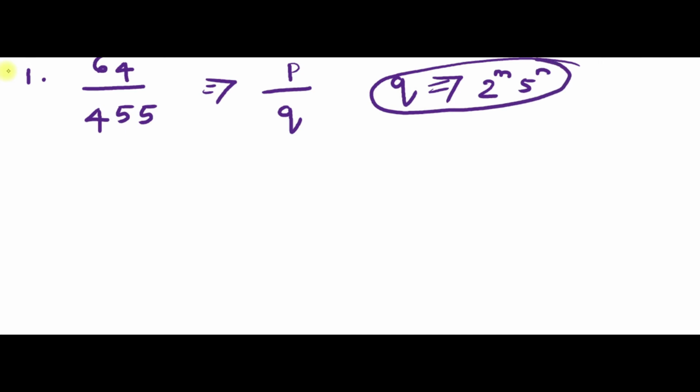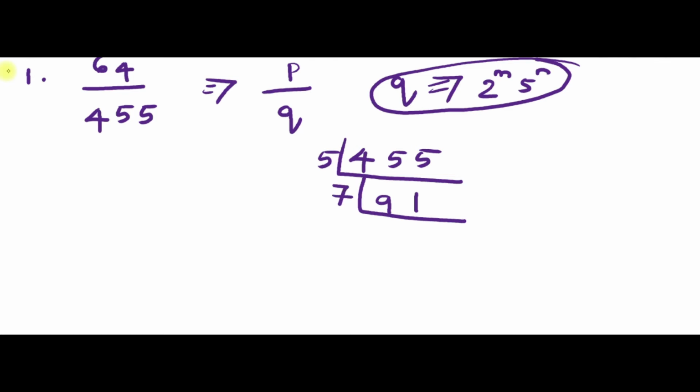So first find the prime factorization of 455. First we can divide 455 by 5, then it is 91, then 91 is divisible by 7, and 13 into 7 is 91. So we can express 455 as 5 into 7 into 13.